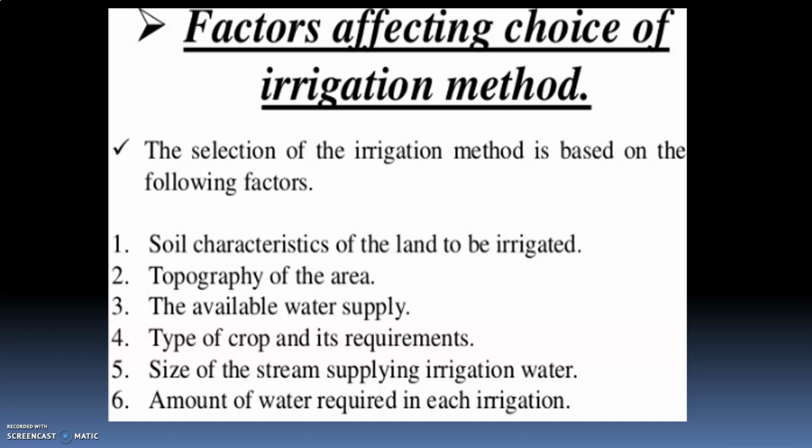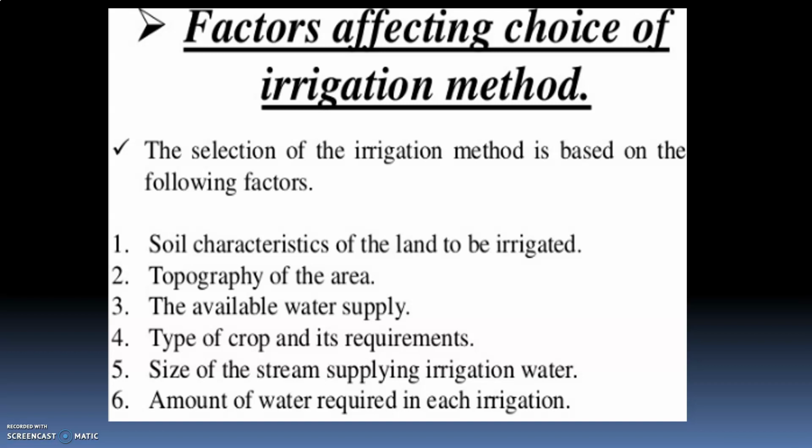Details about the topography of the area are very important before starting any irrigation project. Then the available water supply also has to be properly checked. What is the source of water? Then the type of crop and its requirements, which type of crop has to be grown and its requirements, also have to be taken into consideration.